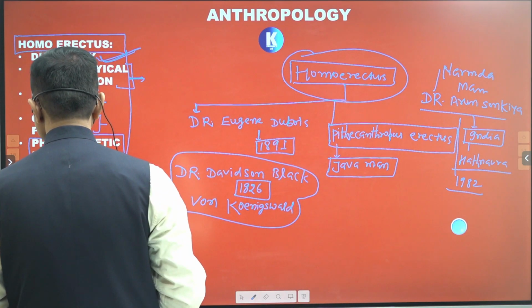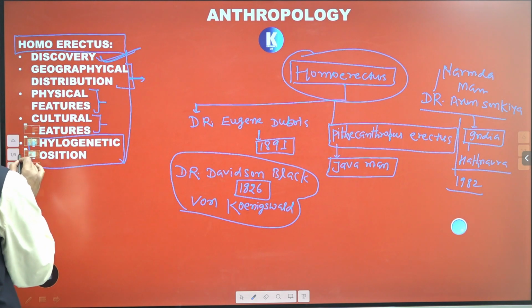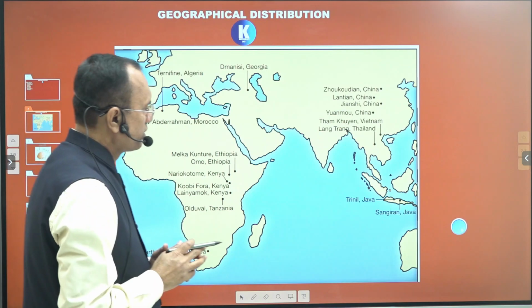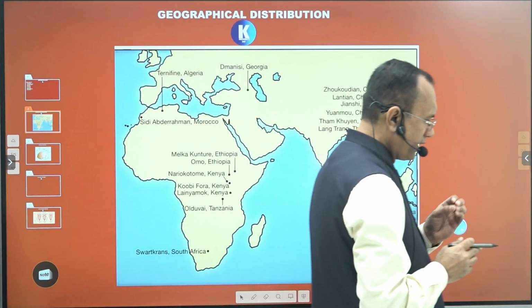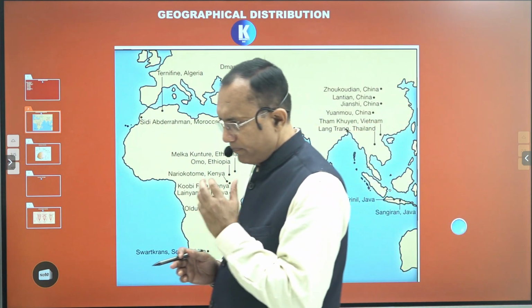So in geographical distribution, you have to present the geographical distribution of any fossil through a map, right?